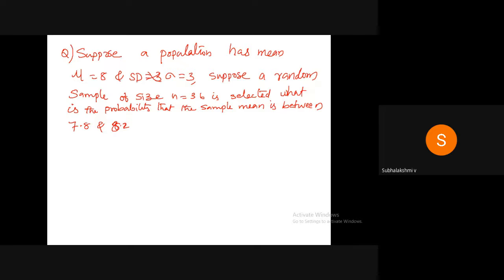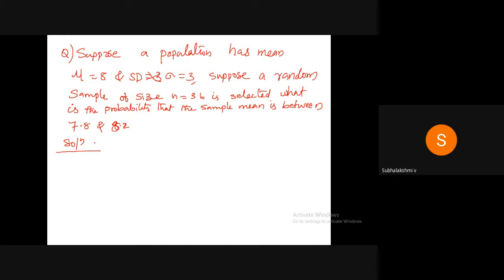The question is this: suppose a population has mean mu equal to 8 and standard deviation sigma equal to 3, and a random sample of size n equal to 36 is selected. What is the probability that the sample mean is between 7.8 and 8.2?